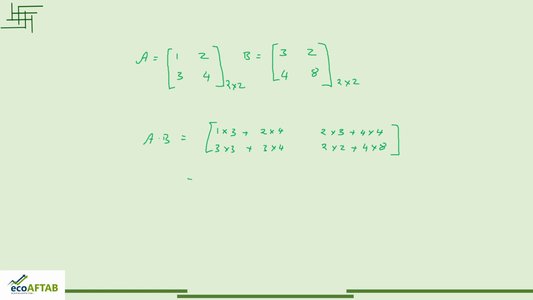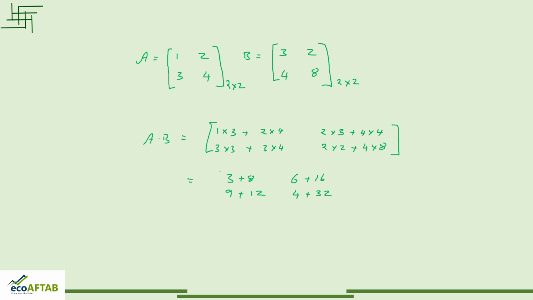Once we do this, we get 3 plus 8, 9 plus 12, 6 plus 16, 4 plus 32.